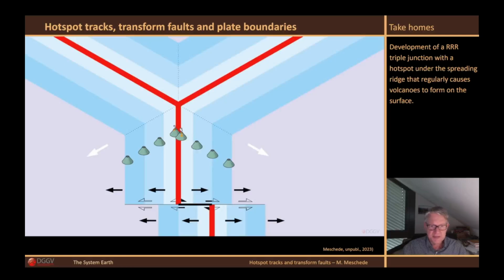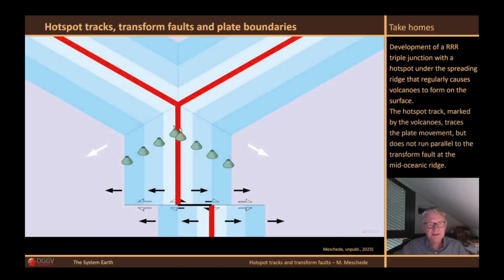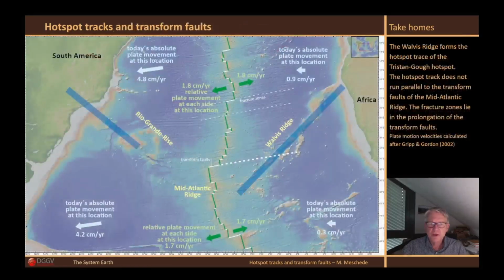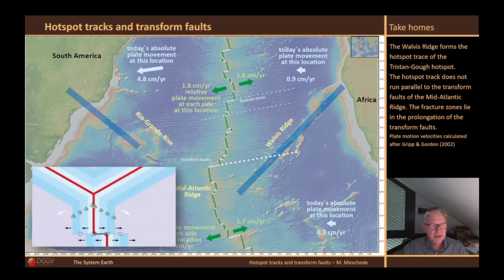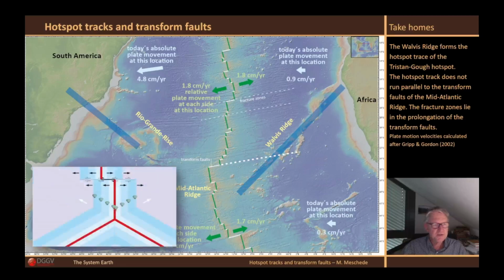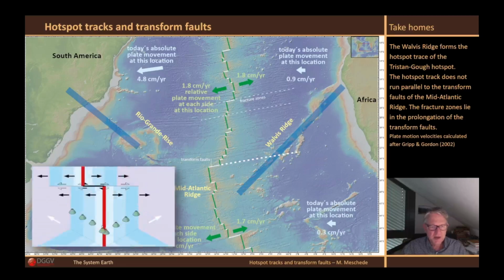And this is exactly what we can see in the South Atlantic. The track of the Tristan da Cunha Gough Island hotspot is not parallel to the transform faults or fracture zones at the Mid-Atlantic Ridge. Here I show again the final stage of the model just shown, which I have to turn around first and perhaps enlarge a little bit to see it better.